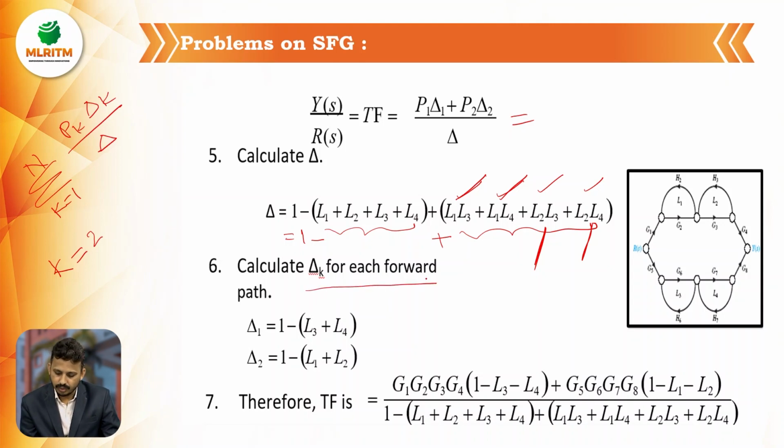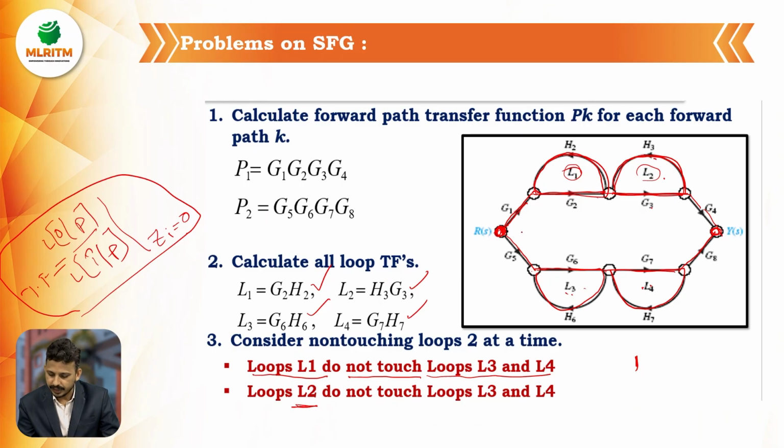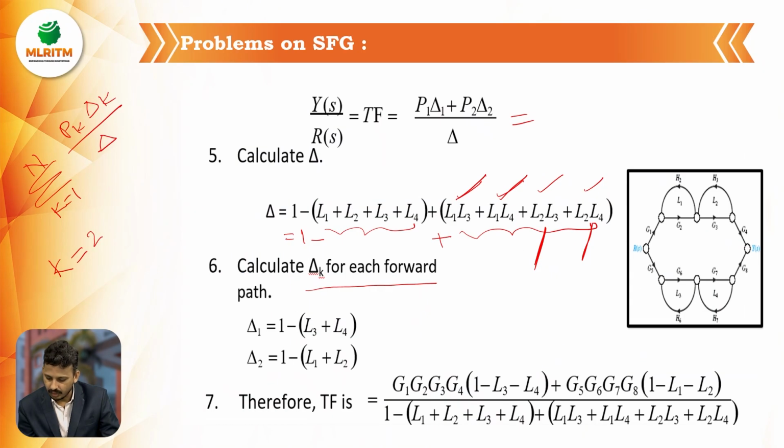Now calculating delta k for each forward path. There are 2 forward paths, so I have to calculate delta k. First, the first forward path: delta 1 is equal to 1 minus (L3 plus L4). Why am I writing L3 and L4?